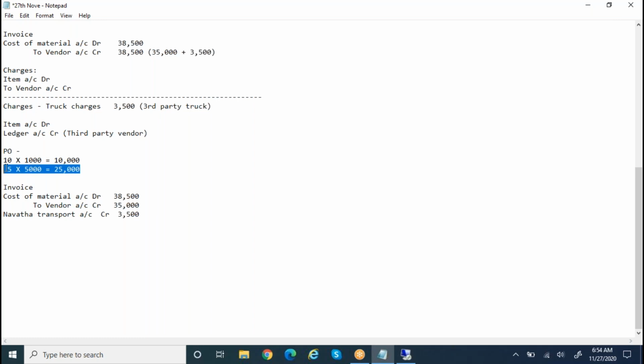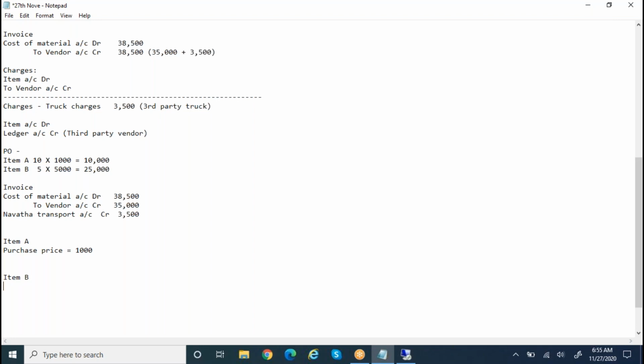So I have created a purchase order for 10 quantity, 10,000, and 5 quantity, 5,000, it is 25,000. Now 3,500 is the amount. So this is item A. This is item B. Item A purchase price is equal to 1,000.